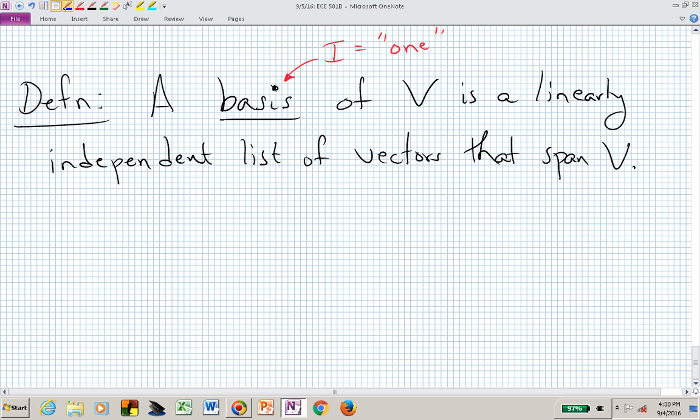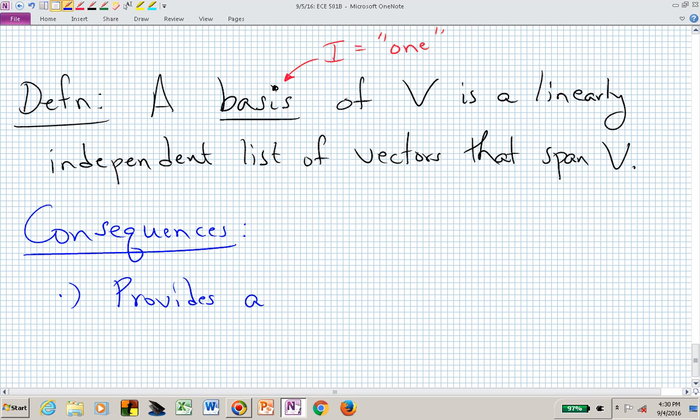Here are some consequences of that. One is that a basis provides us a way of expressing any arbitrary vector in our vector space, or it actually provides us with a coordinate system.